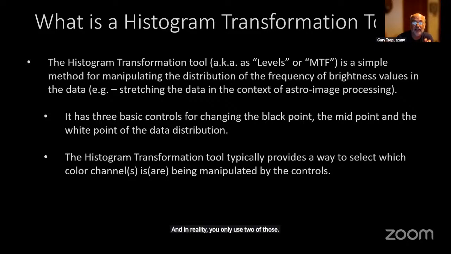You'd be hard pressed to come up with a reason why you'd want to bring the white point down and possibly clip your bright data. Because in astrophotography, there's a tendency for things to clip as you stretch them. So you're always trying to avoid clipping if you can, to a certain extent. So moving that white point to make clipping worse is not something that is generally done, or done at all.